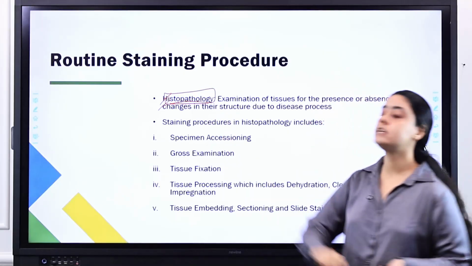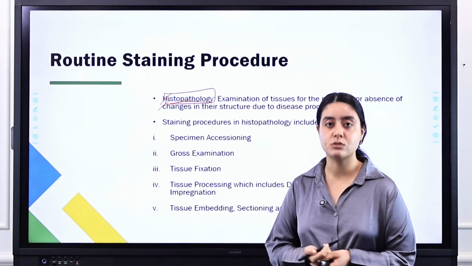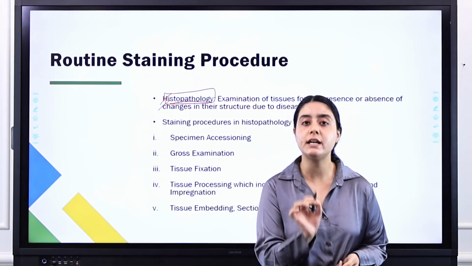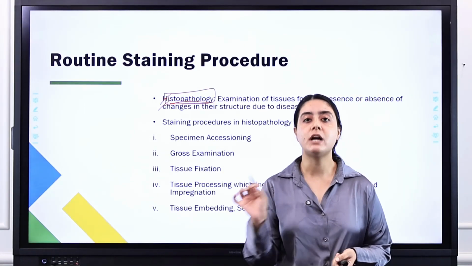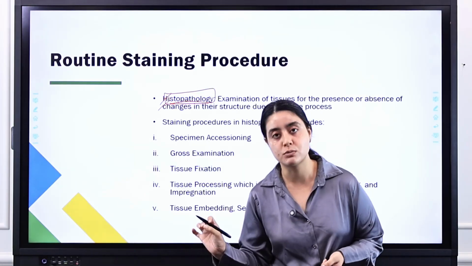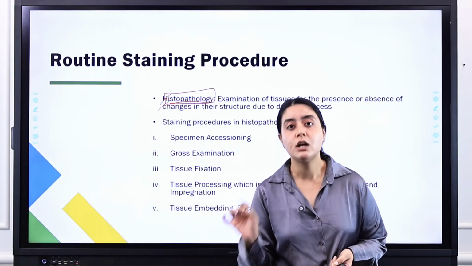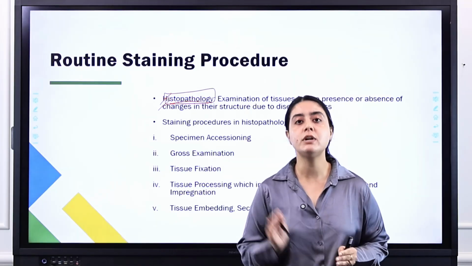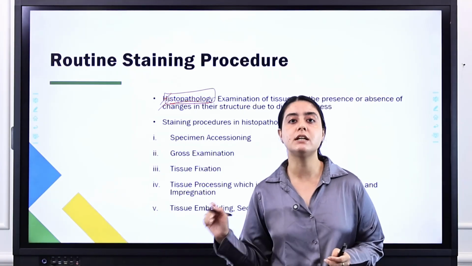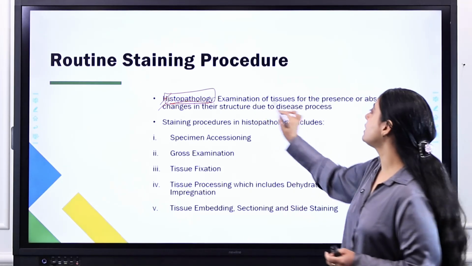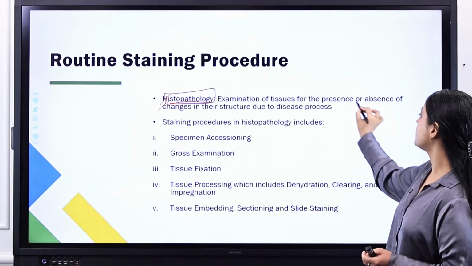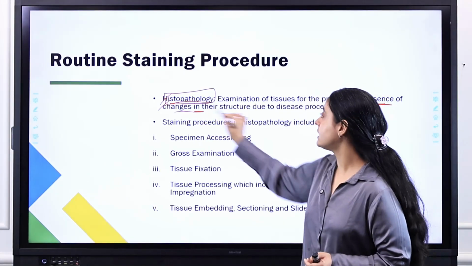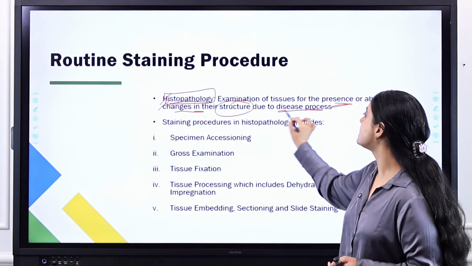Similarly, there is another branch, histopathology. So in histopathology, what are we going to study? We are going to study the presence or absence of any abnormality or any disease in the tissues, or abnormality due to the disease which is present in the tissues. So basically we have to diagnose the diseases which are present in our tissue sections, right? Examination of tissues for the presence or absence of any changes in their structure due to the disease process.